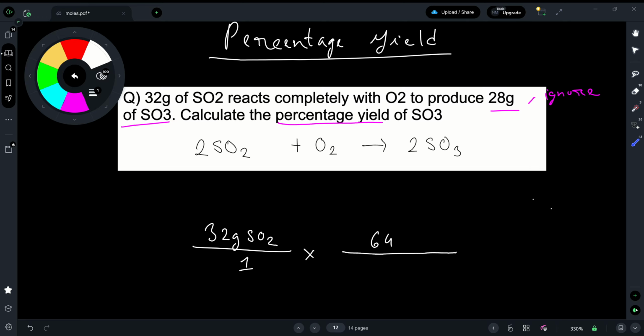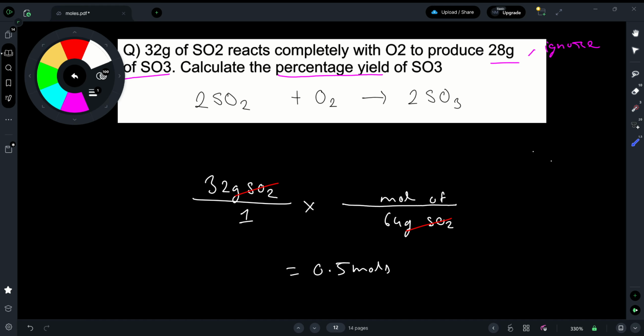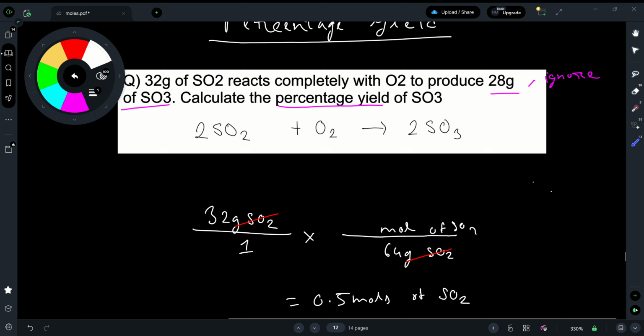So you get 64 grams of SO2 per mole. So you can cut the grams of SO2, and 32 by 64 is half. So you have 0.5 moles of SO2.